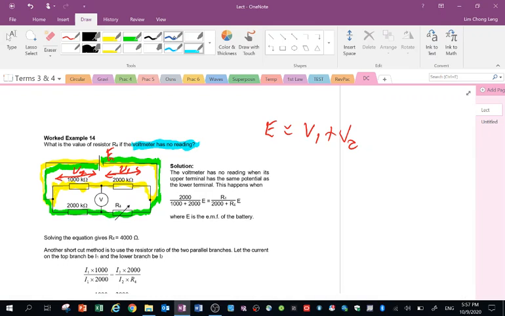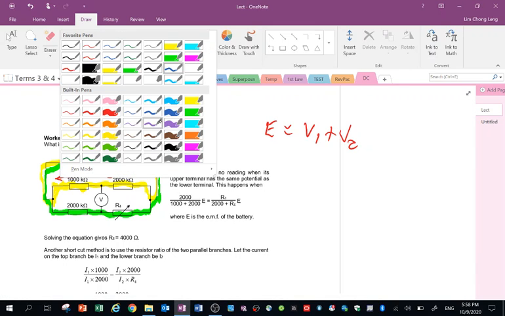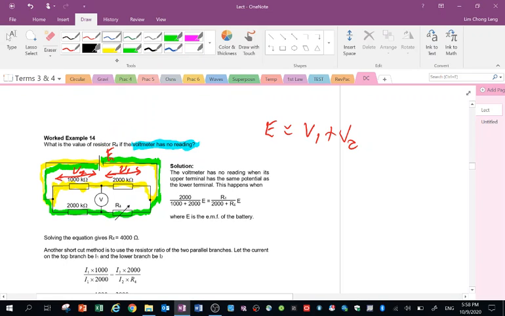So suppose I call this point A, this point B. If there is no reading, it means that potential at A must be equal to potential at B, such that when they are equal, the potential difference is zero, all right?